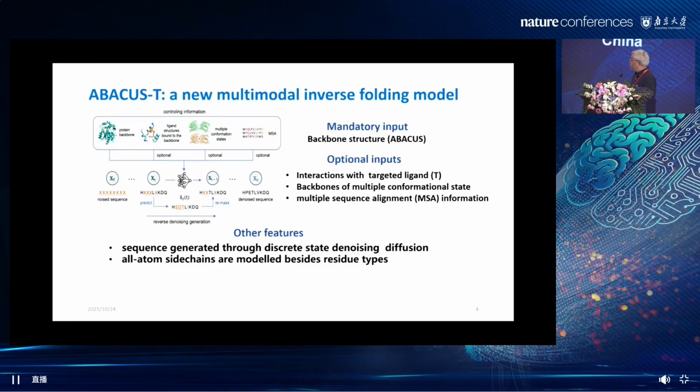And also for functional protein design, for enzymes, sometimes we cannot fully understand what the constraints on sequence are. So we integrate evolution information, multiple sequence alignment, into this model. So the Abacus-T, compared to existing models, generates not only the residue types, but also explicitly models the side chain structures.